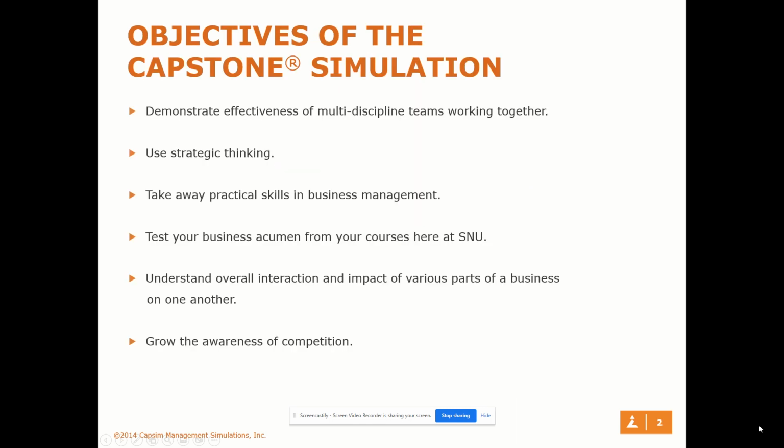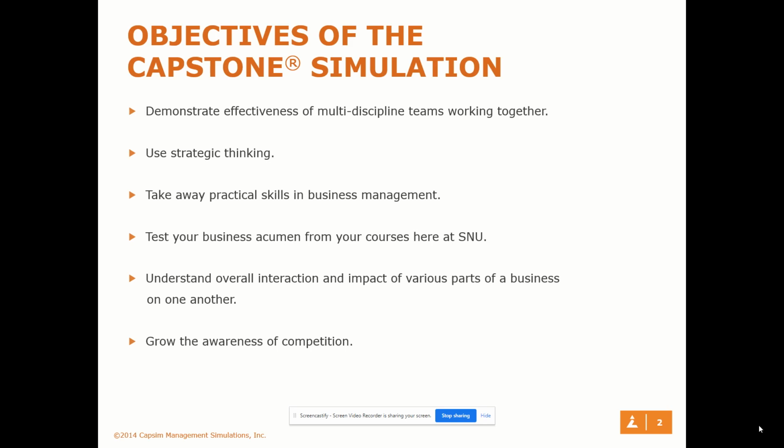So the objectives of the Capstone simulation are that we want to be able to look at the effectiveness of multidisciplinary teams working together. So you're going to be working in a team of 2 to 3 people running a company. We're going to be able to look at some strategic thinking, take away some practical skills we've learned in our business management courses.